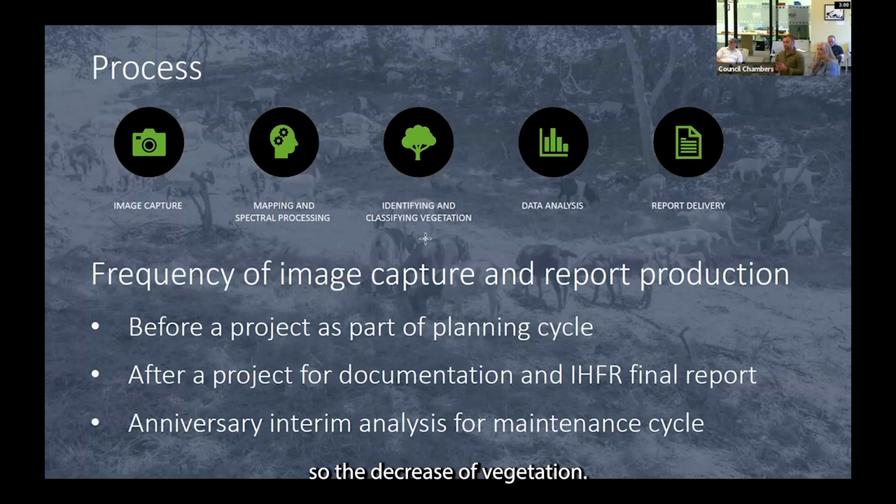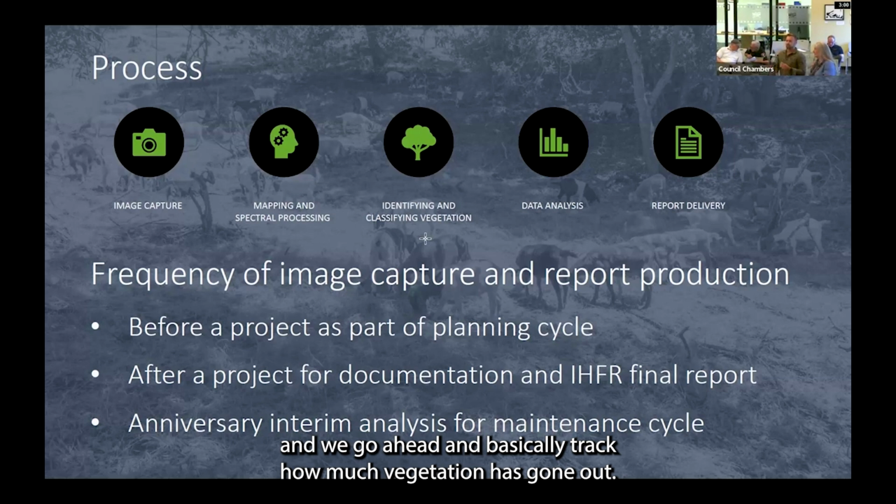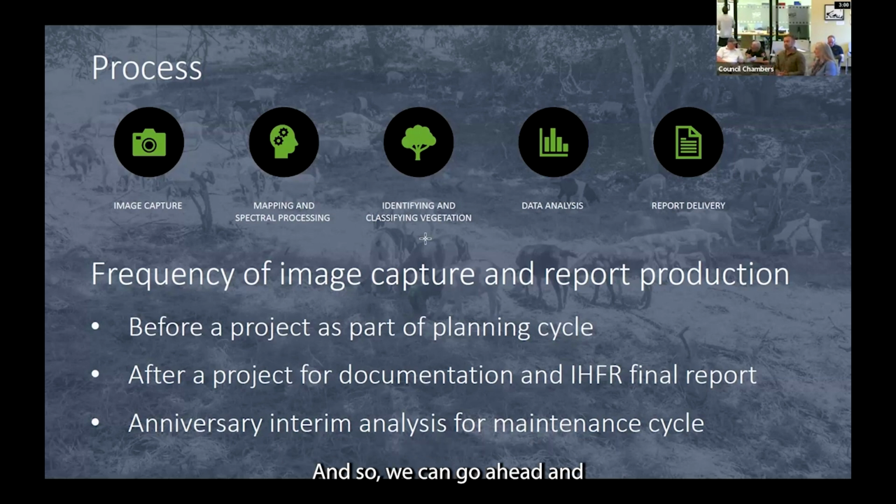So the decrease of vegetation. So what was our impact? And then we take this information a year after. We fly the same route again, and we track how much vegetation has grown. And so we can push resources to appropriate areas.